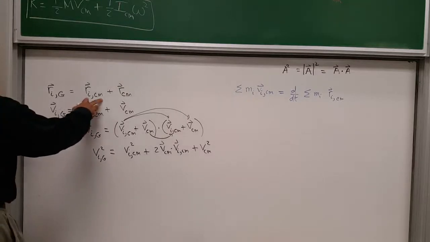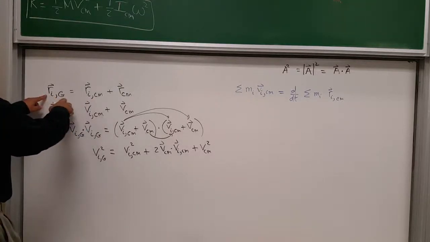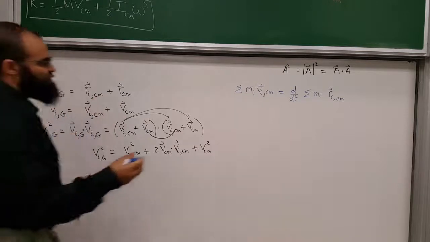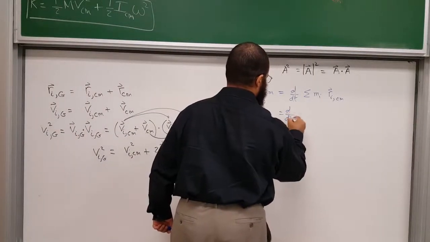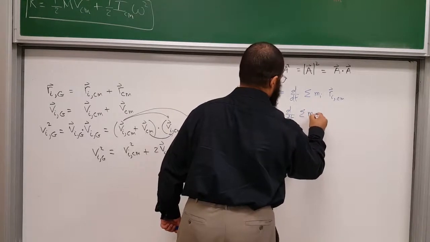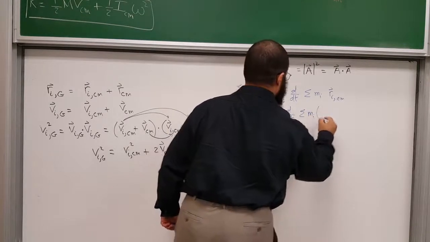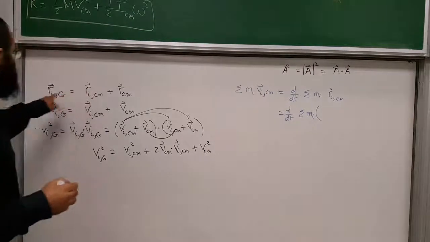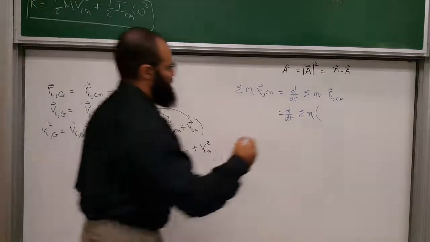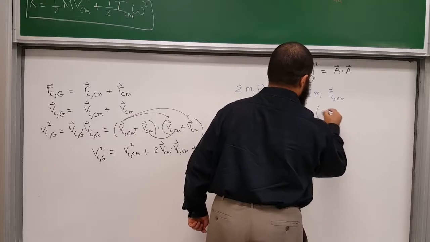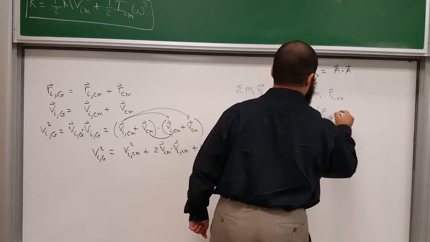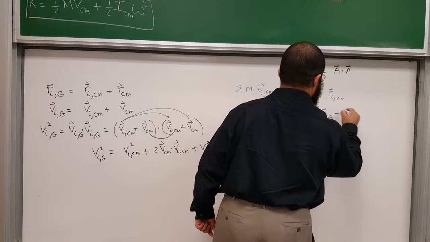Ri relative to the center of mass will be ri relative to the ground minus r center of mass. So let's replace it like that. d/dt of the sum over mi, I will write this as this vector minus this one: ri relative to the ground minus r center of mass.